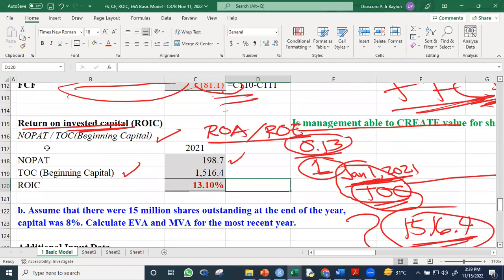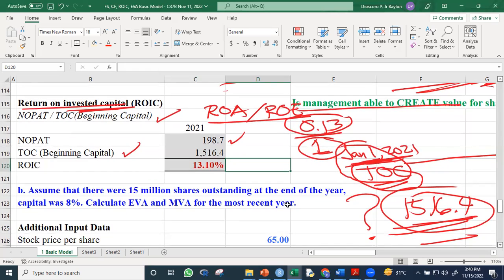Just taking a look at the formula, the higher the ROIC, which is the quotient of NOPAT and beginning capital, of course, we would want the company or management to generate more operating profit after tax given a value of your operating capital. So definitely the higher the ROIC, the better. But my answer was definitive that management was able to create value for the shareholders. And the question was why?